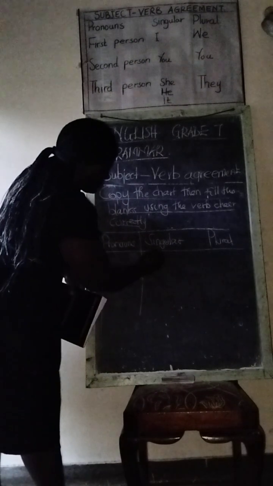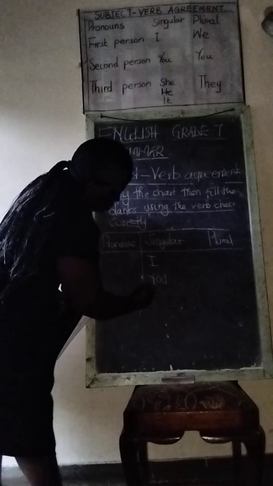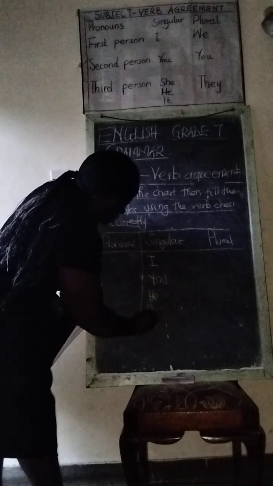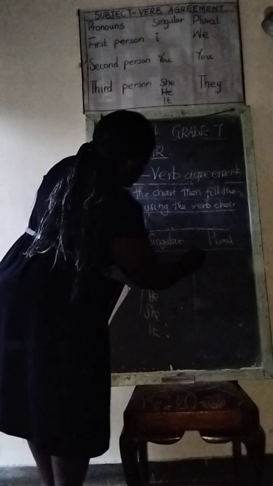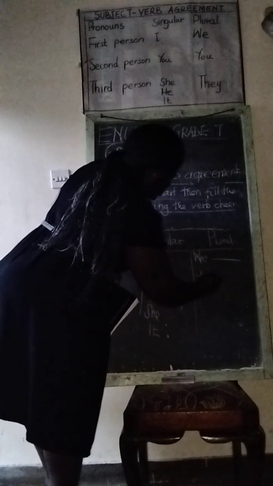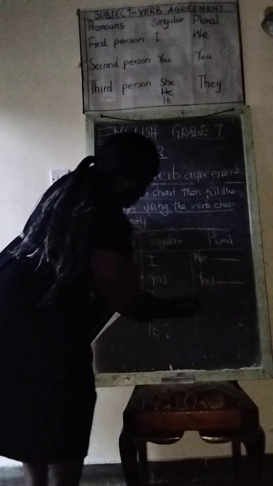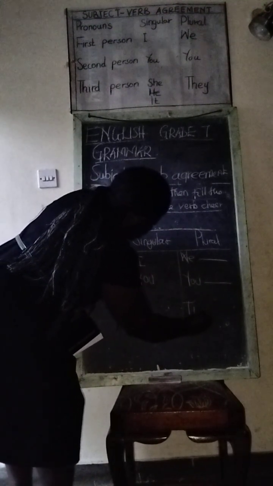So we have I, you, he, she, it. Then here we have we, you, they.